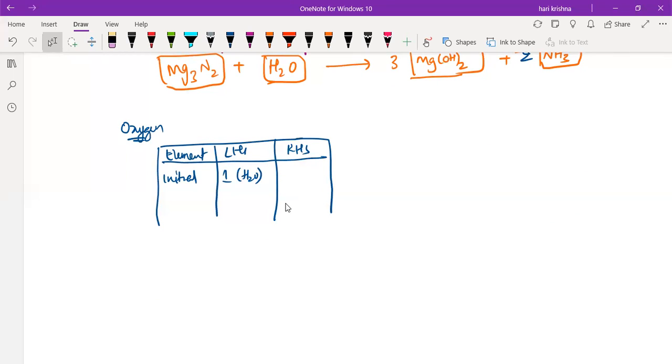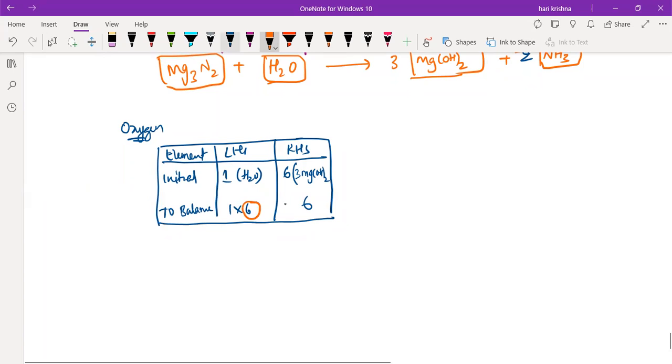Here how many are there? 6, in the 3 Mg(OH)2, right? So next to balance, you have to multiply with 6 here. Have to multiply the H2O with 6.